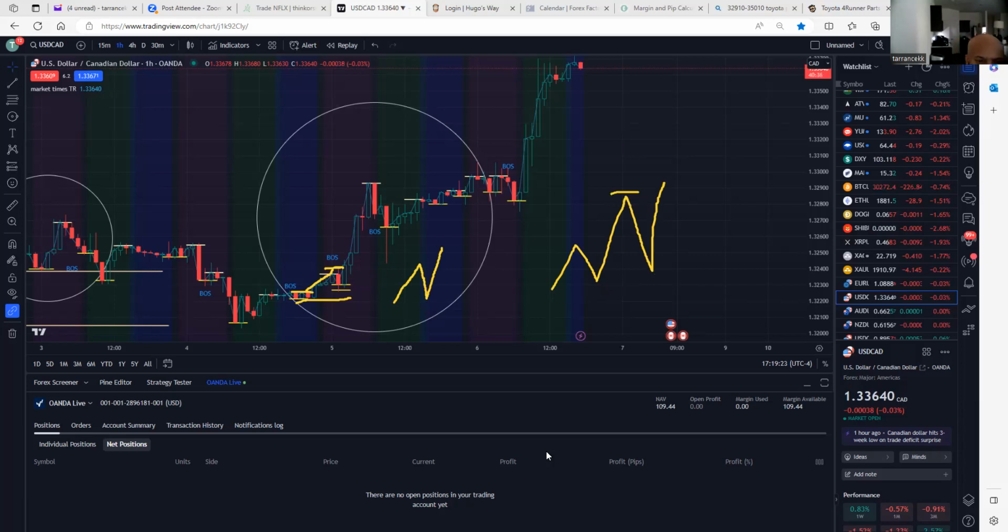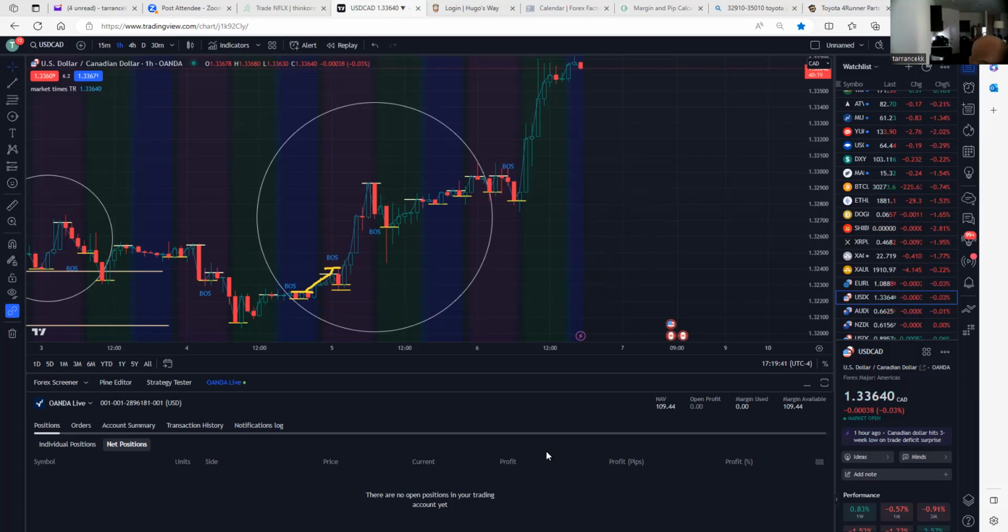Okay. So when we're looking at this right here, if we're on a 1-hour time frame, we're actually just talking about ranges right now, but we're going to get into the confirmation.